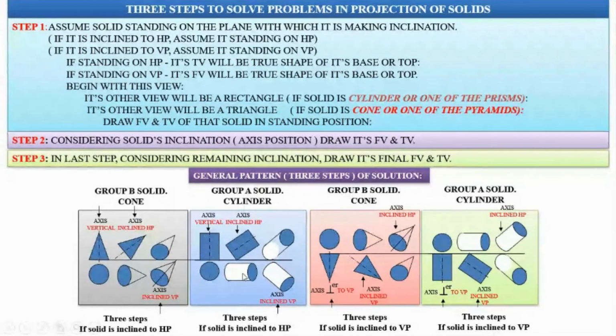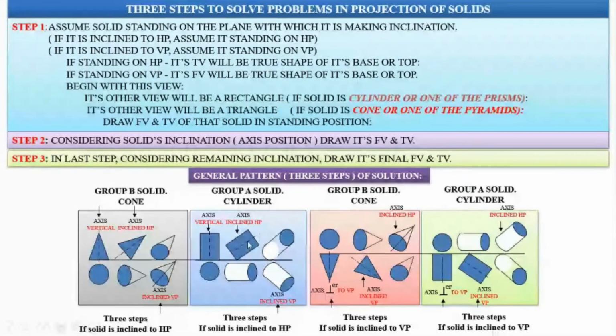See here also, in the second figure, the first part was the initial position, and the second part shows the inclination with the HP. The first part has the front view as a rectangle, and the second part also has the front view as a rectangle.